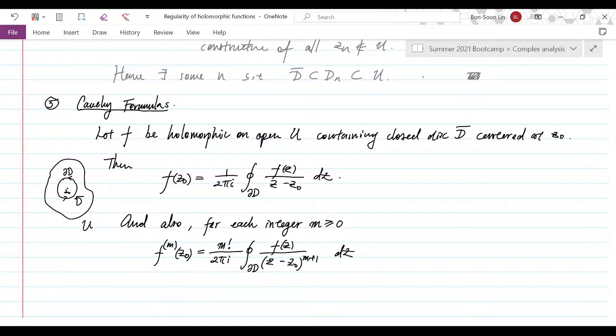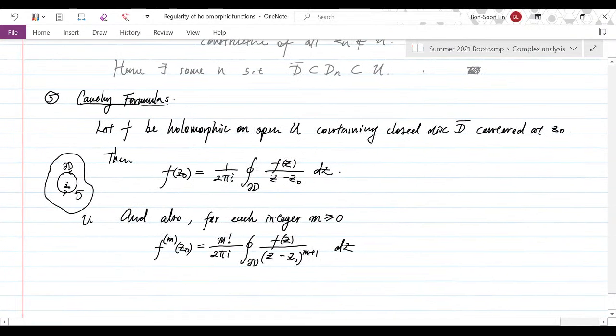So here we have that if you're holomorphic, then the derivative at Z0 of any order always exists, because we have a formula to calculate this. This mth derivative formula is done by induction, and the base case is precisely the first formula right here.